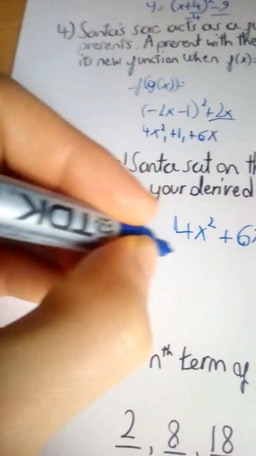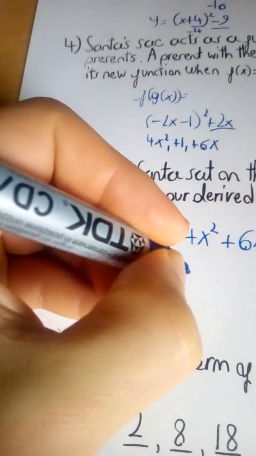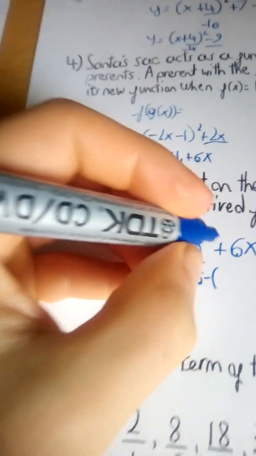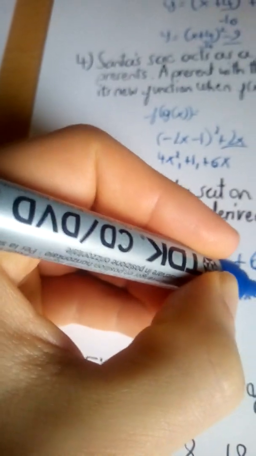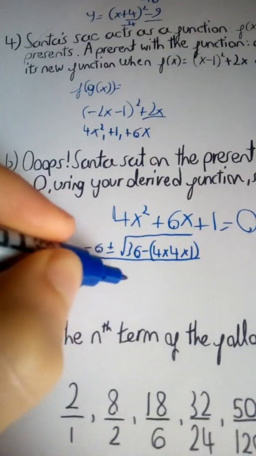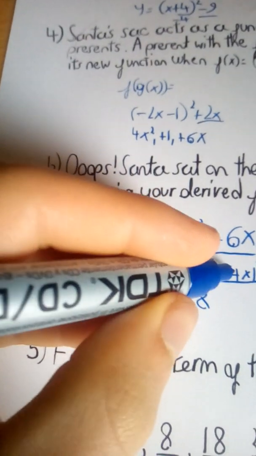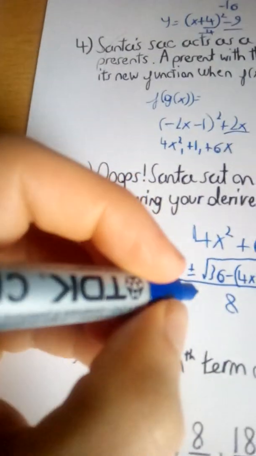I'm going to put this into the formula actually and get minus b, so minus 6, plus or minus square root of 36 minus 4ac, so 4 times 4 times 1, all over 8. Okay, so we get 4 times 4 times 1, that is 16. 36 minus 16 would be 20.